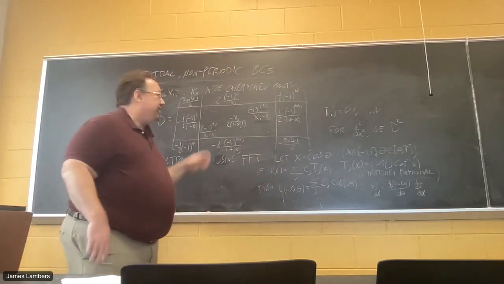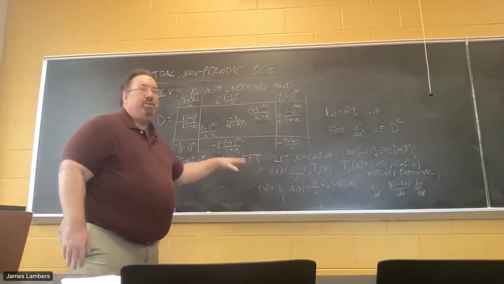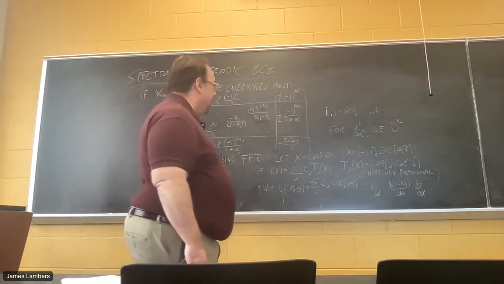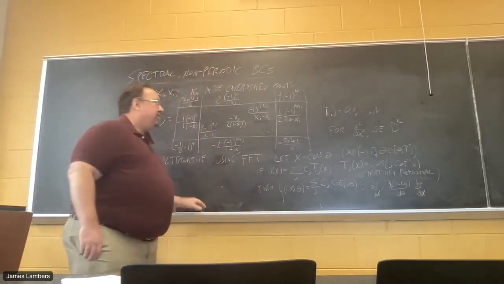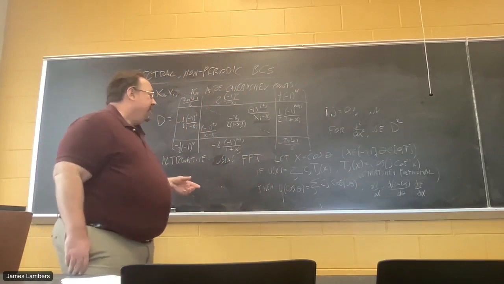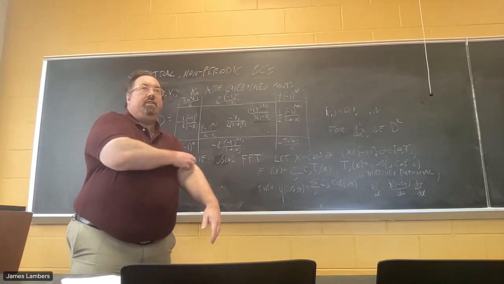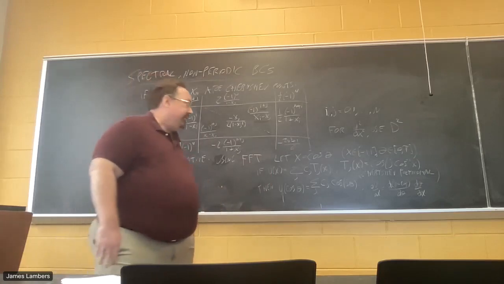Fortunately, this approach is not something you'll be using in the homework anyway. But I wanted you to be aware of it, that even in the case of non-periodic boundary conditions, the fast Fourier transform can be very helpful in computing accurate derivatives.